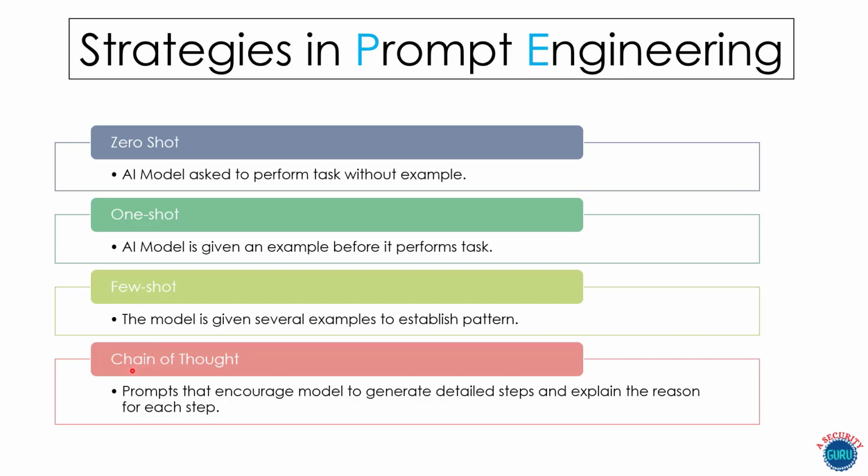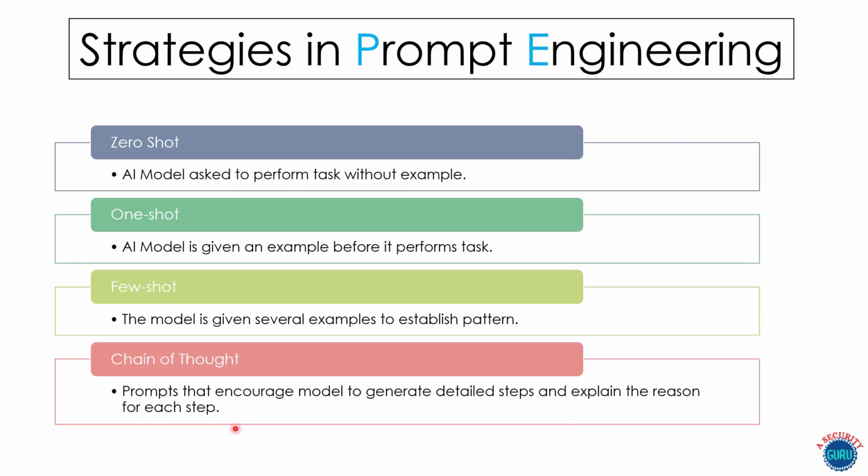And finally, we have chain of thought strategy in prompt engineering, where we ask the model or the AI system to generate detailed steps and explain the reason for each step. Basically, it means we are asking the AI system to provide the reasoning behind each step that has been generated by the AI system.